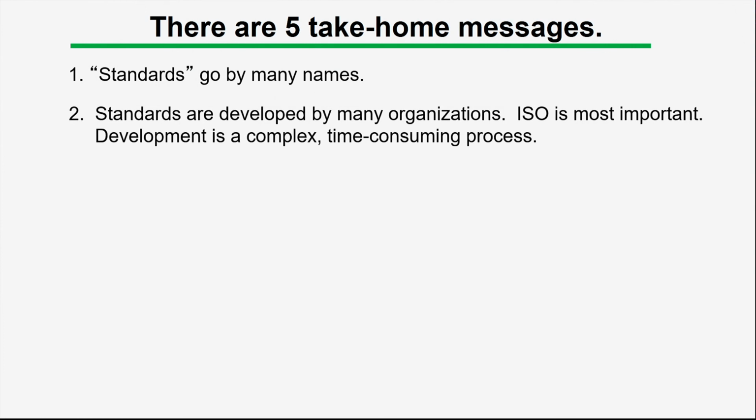Second point is standards are developed by many, many different organizations. I've highlighted ISO. I've also talked about the development process, trying to make the process public and trying to get consensus. This is an extremely time-consuming process.